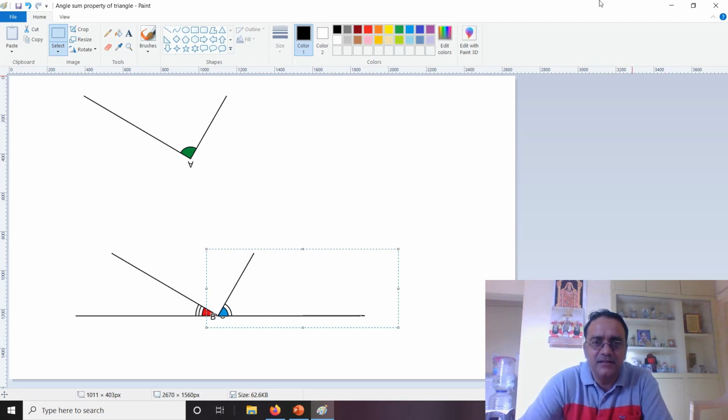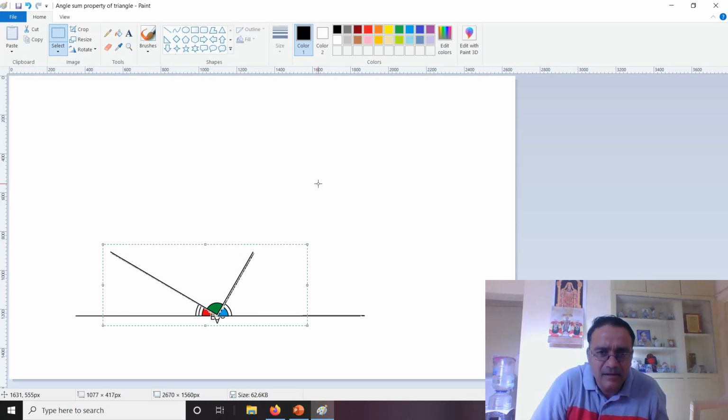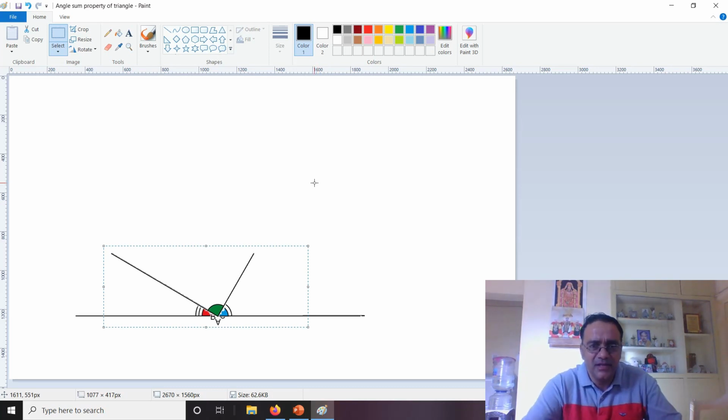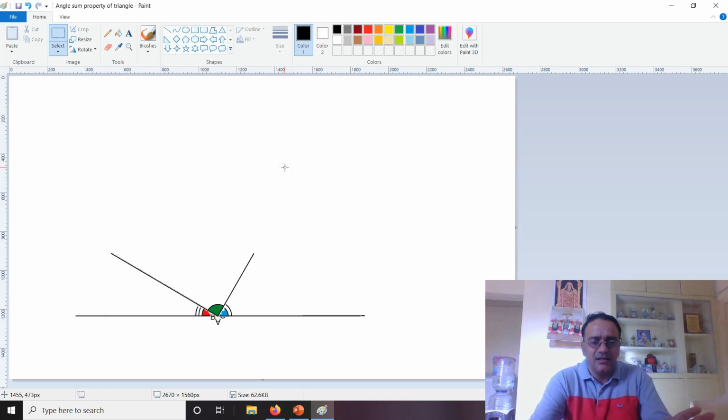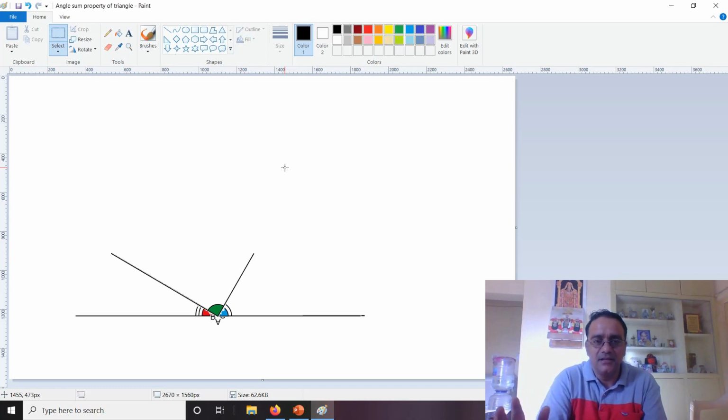Right, then I will place angle A. So what we observe is that all three angles, angle A, angle B and angle C, completely cover and fit in a straight line. So that means the sum of these three angles is 180 degrees.